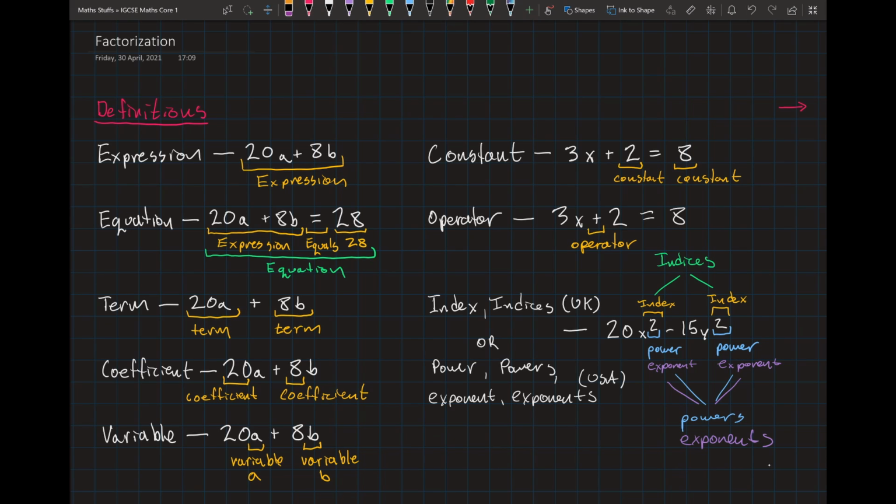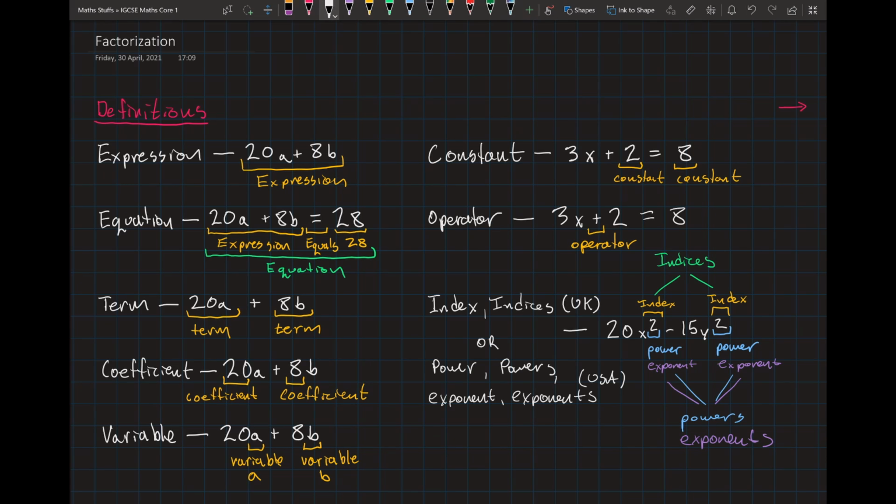So let's go through each one of these one by one. So an expression is something where generally you're going to be adding, subtracting, multiplying, or dividing two things. So in this case, we've got 20a plus 8b. Now, an expression could be more than this.